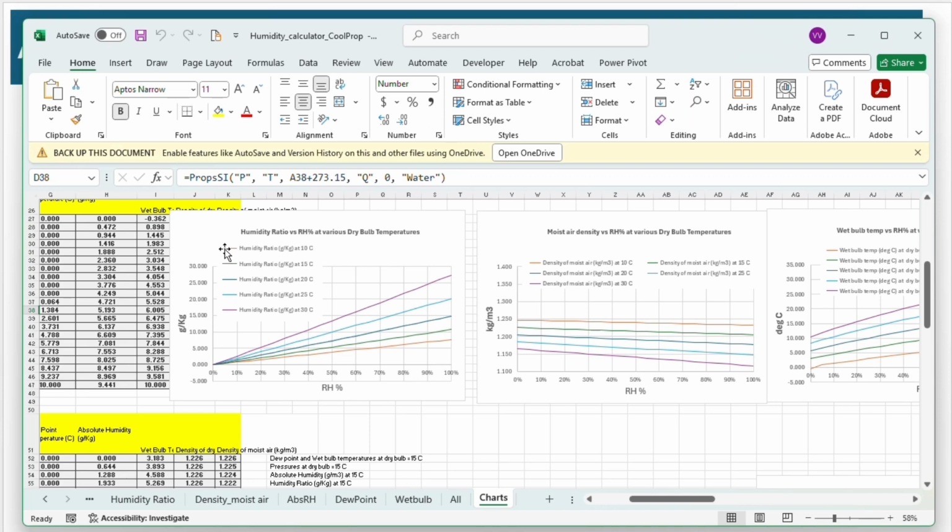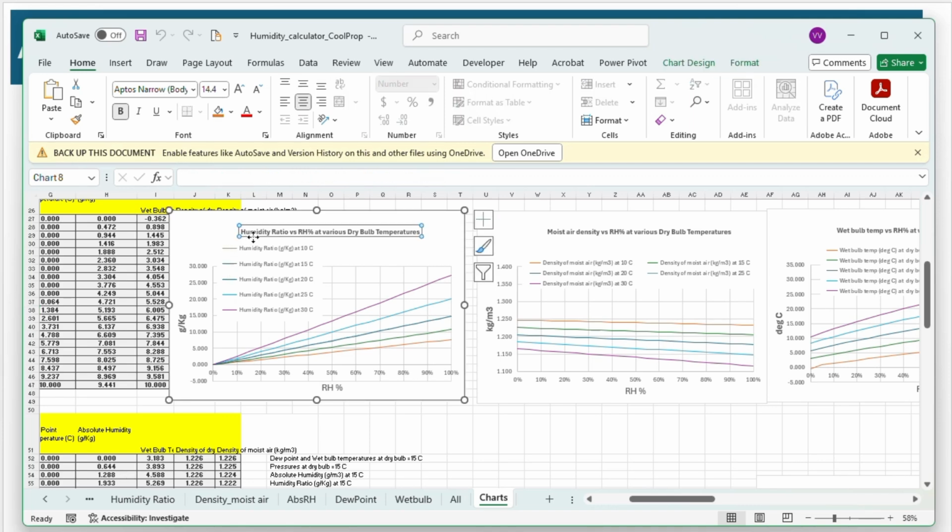So, for example, here you can see humidity ratio on this axis is varied with relative humidity under various dry bulb conditions. What happens when relative humidity increases? Of course, the humidity ratio, which is the mass of moisture divided by mass of air, increases.